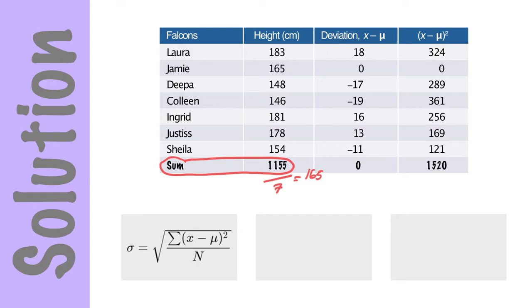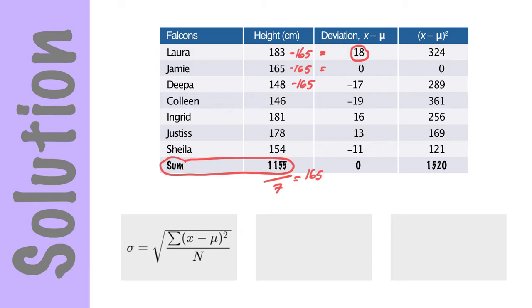The deviation, how far away from the average the height is, gives you the deviation value. So 183 minus 165 is 18. Jamie happens to be right on the average, and Deepa is 17 below that average.